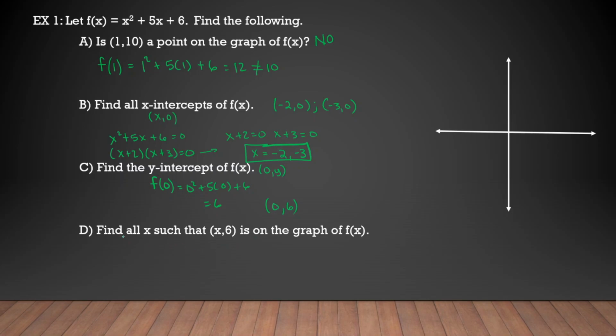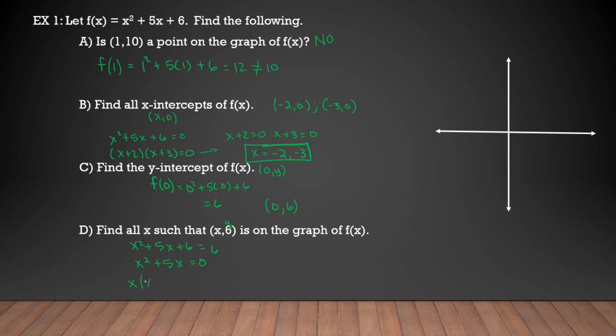Okay? Now, find all x such that (x, 6) is on the graph. Well, that simply means I want to take the function and set it equal to 6, because this is the y value. And so that means x squared plus 5x equals 0, because I can subtract the 6 over.